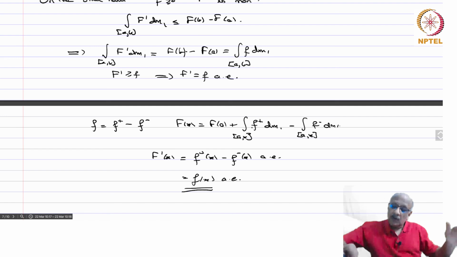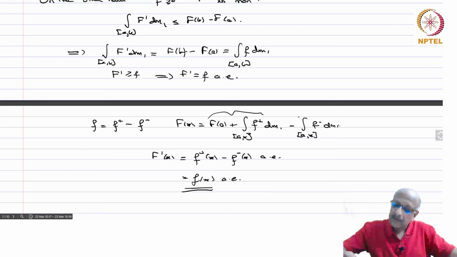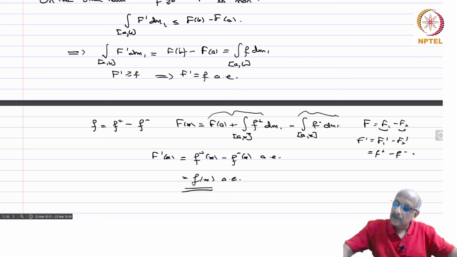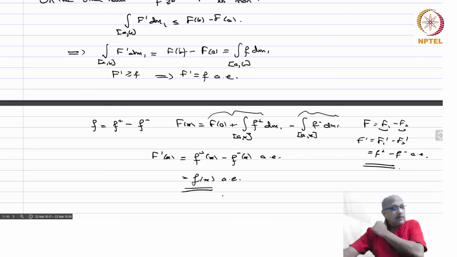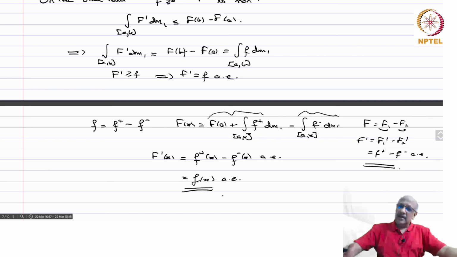How do you do that? You can put this as F1 and this function as F2, so F equals F1 minus F2, and then each one involves a non-negative function, so F' equals F1' minus F2', and F1' is equal to f plus, F2' is equal to f minus almost everywhere by the first step. Okay, so this proves that. So we have concluded that if you have an integrable function and then you define the indefinite integral, then it's differentiable almost everywhere and the derivative is equal to f. Okay.